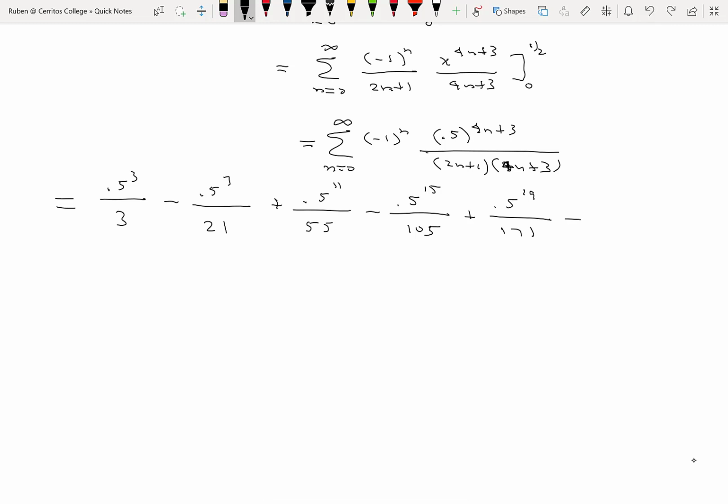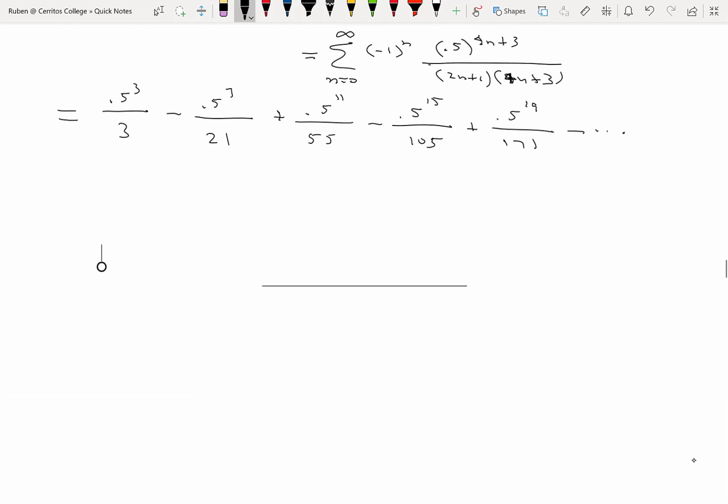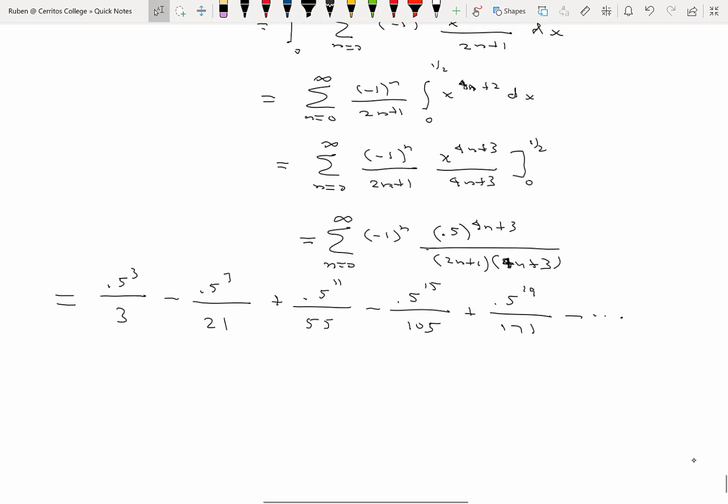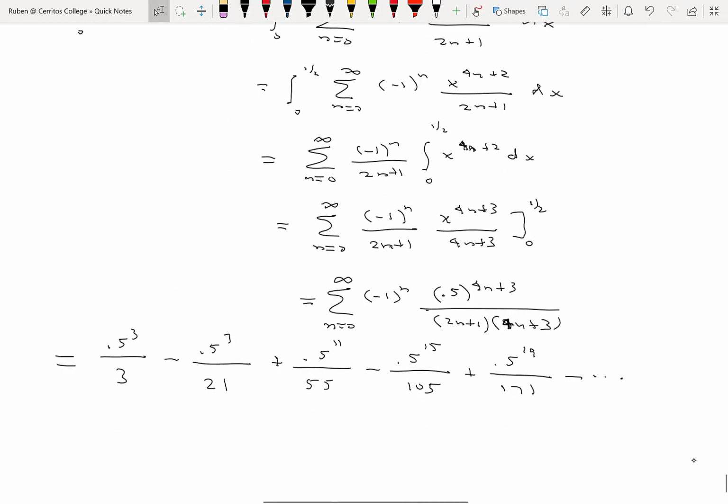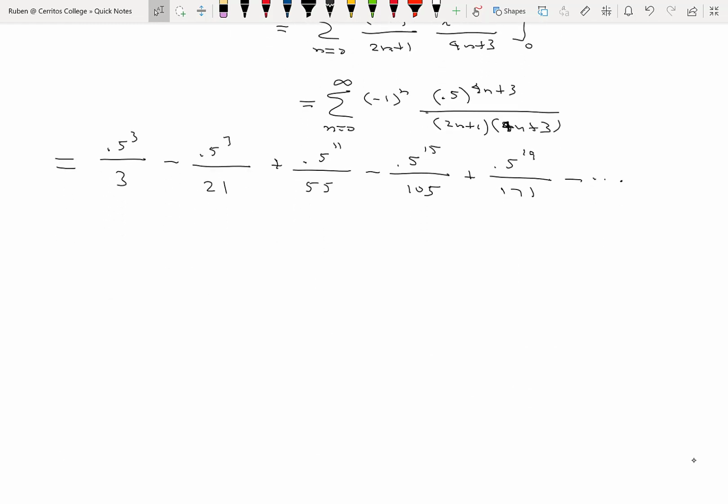Now, again, this is an alternating series. I want my error to be less than 10 to the negative 7th power. The term 0.5 to the 15th over 105, that number equals about 2.9 times 10 to the negative 7. 2.9 times 10 to the negative 7 is greater than 10 to the negative 7.